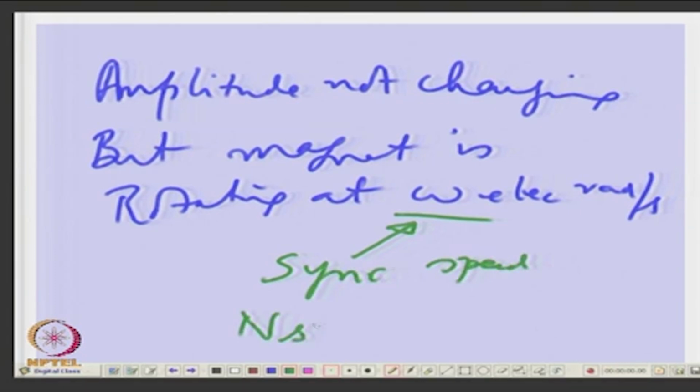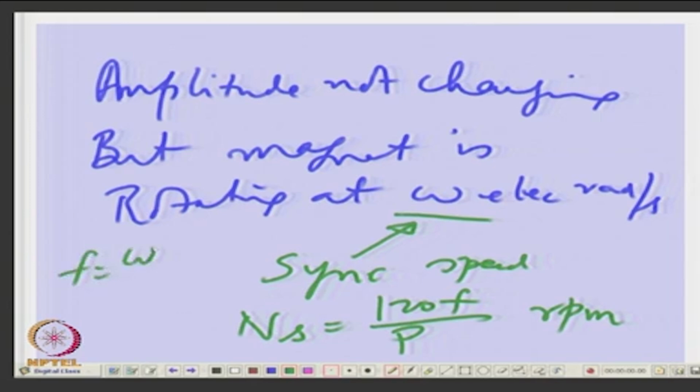And synchronous speed, you know, Ns will be 120 f by p, isn't it? Right, because you know so many rpm. So, it will be rotating at 120 f by p, where f is the frequency, and f is omega by 2 pi. Though it is very fundamental to you, I think it is necessary for you to understand. Is it okay? This is about the forward field.